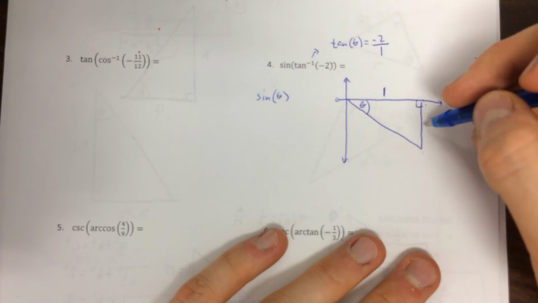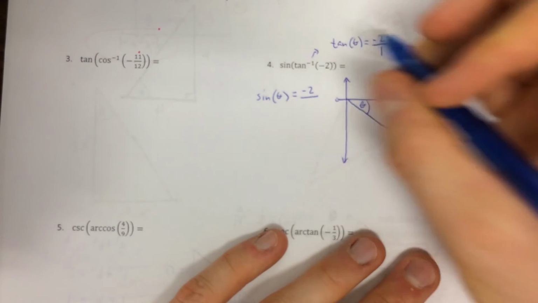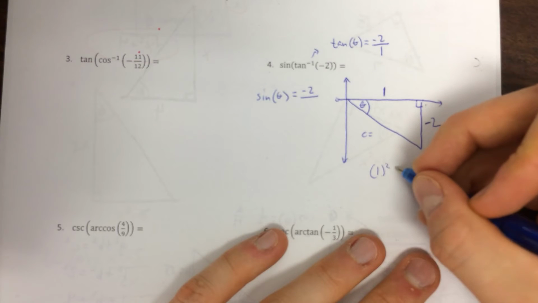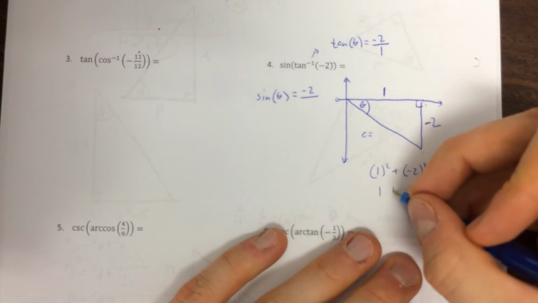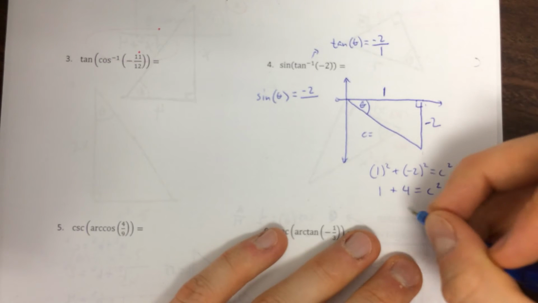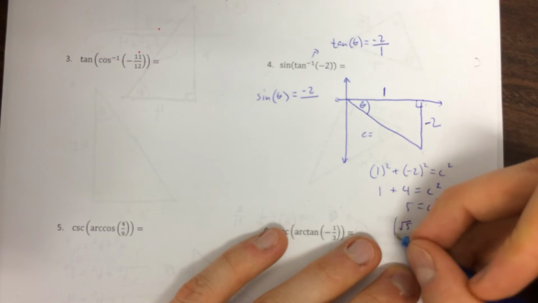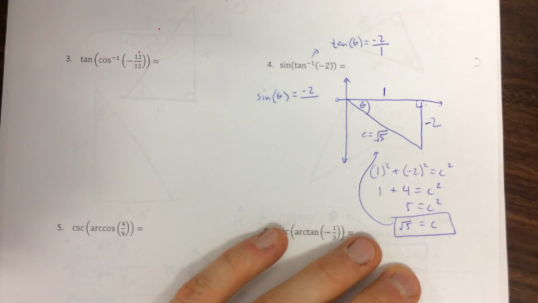Sine, we need opposite over hypotenuse. Well, we already know the opposite is -2. We just need to solve for the hypotenuse, c. So we could do 1 squared plus -2 squared equals c squared. Again, doing this quickly. So c is square root of 5.